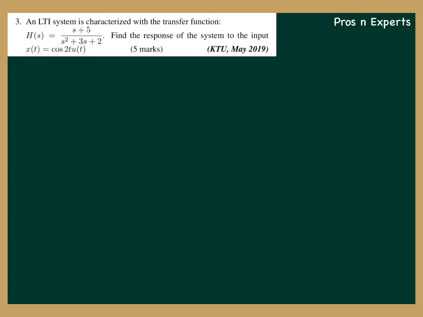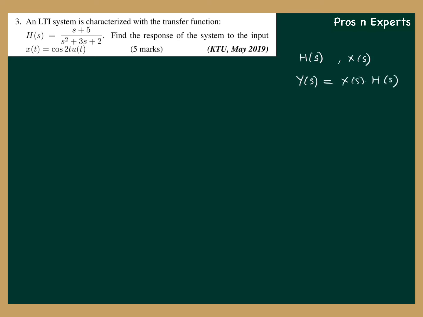So if h of s is the transfer function of that LTI system, and if x of s is the Laplace transform of the input to that LTI system, then the response or output of that system will be y of s equal to x of s into h of s.